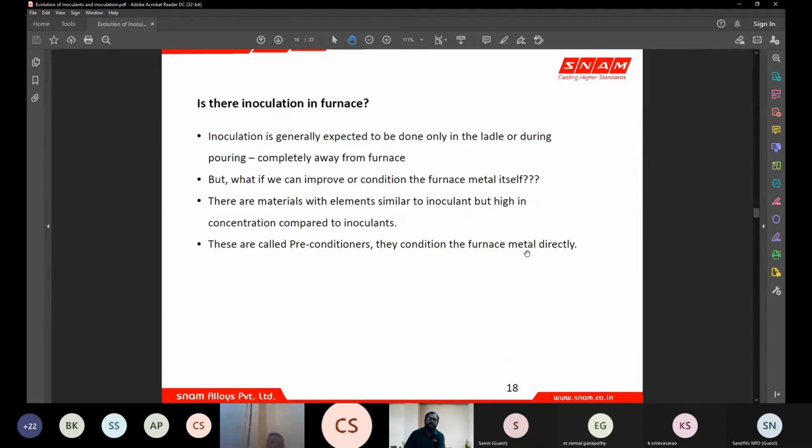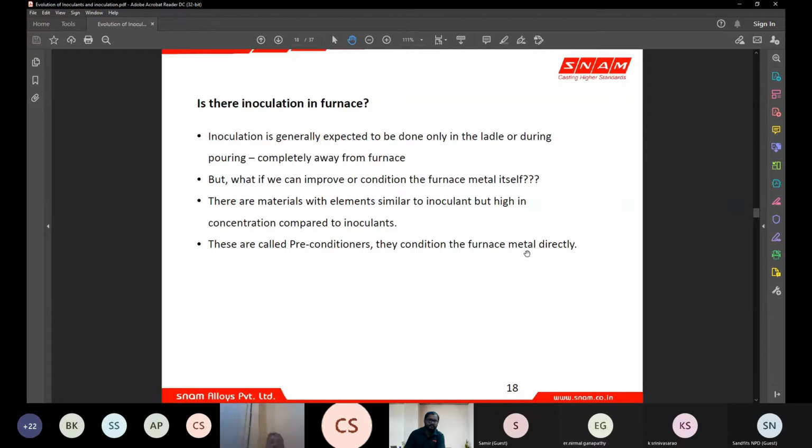So we have been talking about inoculation, but when we talk of inoculation, it is to the liquid metal. And where is the inoculation generally added? It is added to the liquid metal in the ladle or while filling into the mold. So in that case, can we do any inoculation in the furnace? Inoculation is generally expected to be done only in the ladle or during pouring, because as we know, the inoculation effect fades over time.